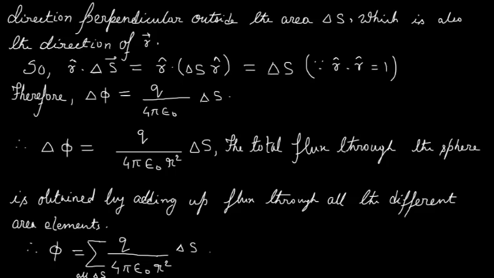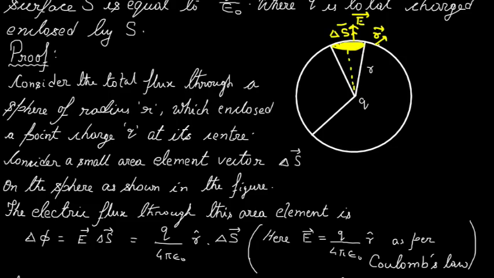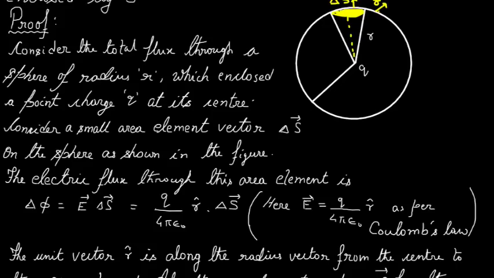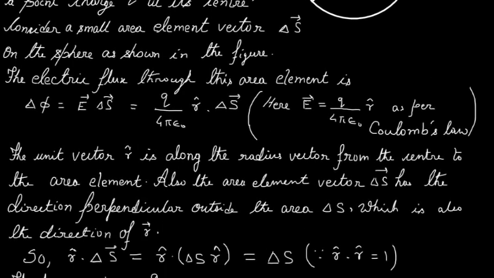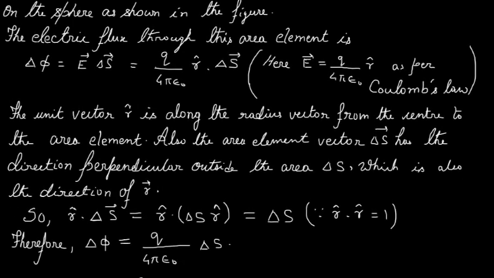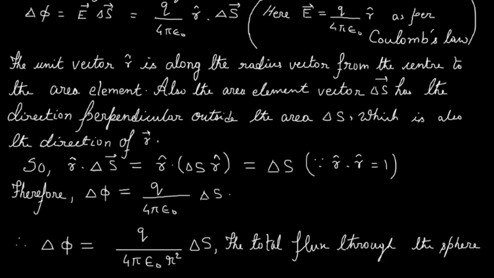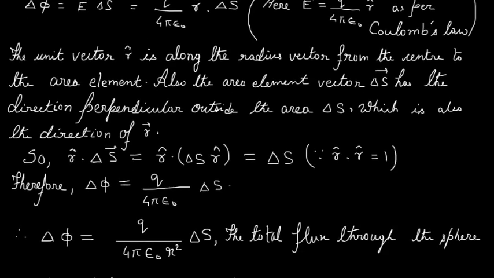Now, the electric flux through this area element is delta phi is equal to E dot delta S, is equal to q by 4 pi epsilon naught, unit vector r dot delta S. Here E is equal to q by 4 pi epsilon naught r square, unit vector r, as per Coulomb's law. The unit vector r is along the radius vector from the center to the area element.